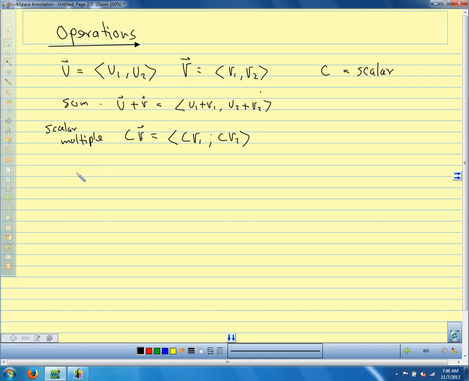The negative v is -1. We're thinking of that as a scalar multiple of -1, and we just switch the signs on our components.